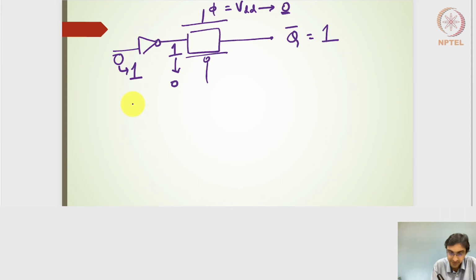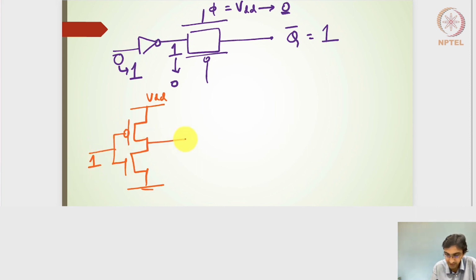Right, so if I draw the transistor level diagram for the inverter, I will have a VDD here, I will have a ground here. It is now 1 here, and I'll call this the X node, and then this is Q bar, and then this is D. So I will have the D signal as 1.